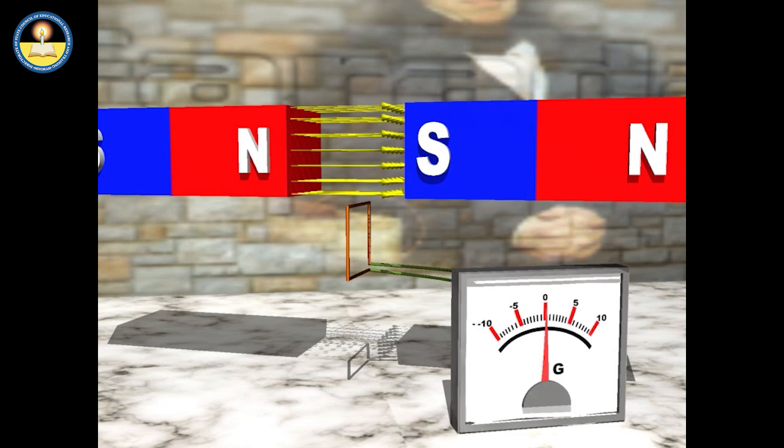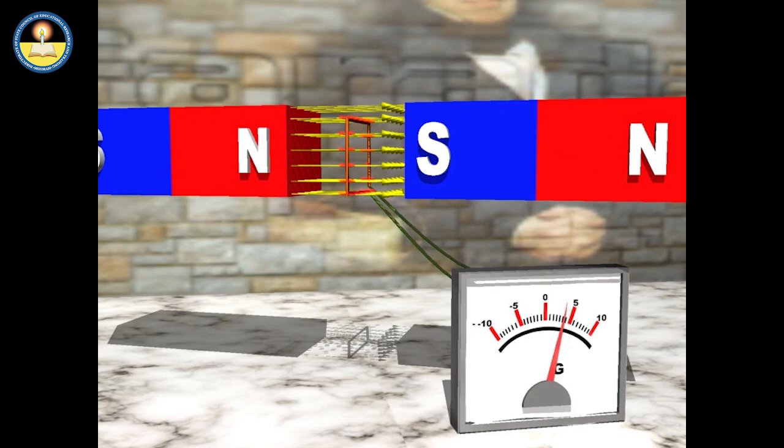Let us see the case of electromagnetic induction due to change in area. When the coil is approaching towards a magnetic field, the magnetic flux linked with its cross-sectional area increases and thereby current is induced in the circuit.